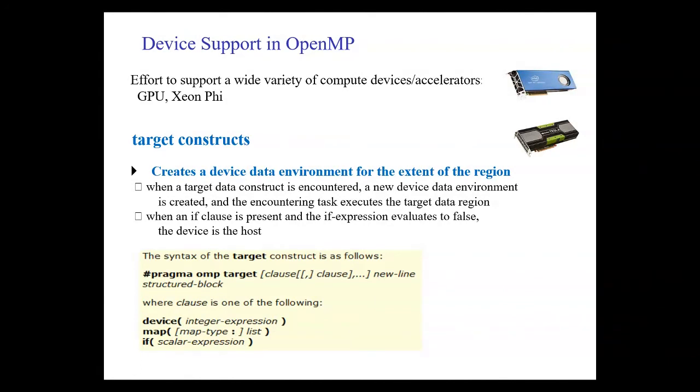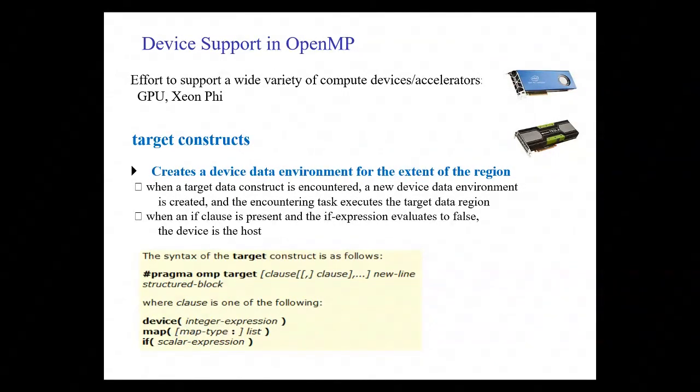What it does is create a device data environment for the extent of the region, so that when a target data construct is encountered, a new device data environment is created, and the encountering task executes the target data region. If the clause is present and the device is not available, then all the jobs will still run on the CPU, on the host.